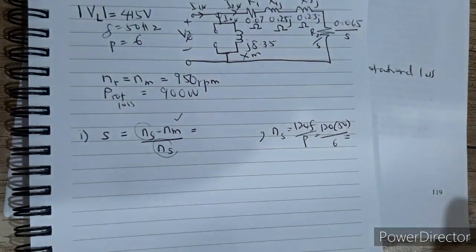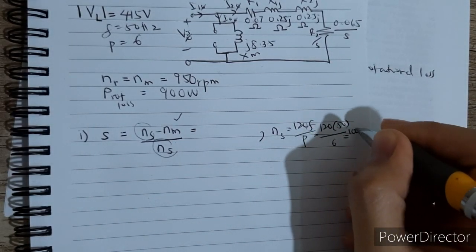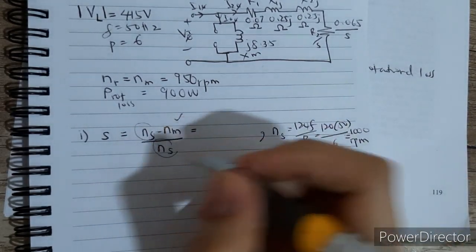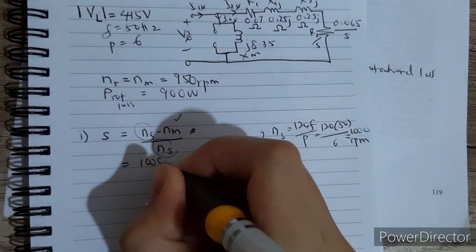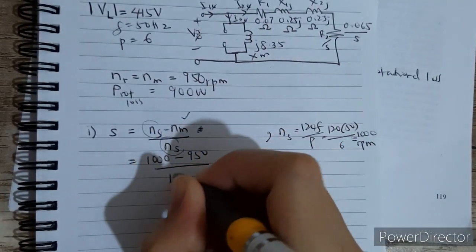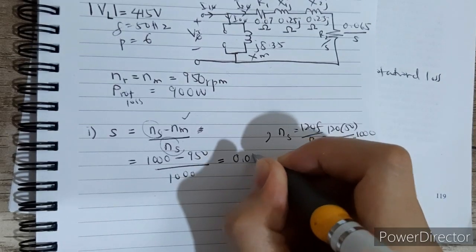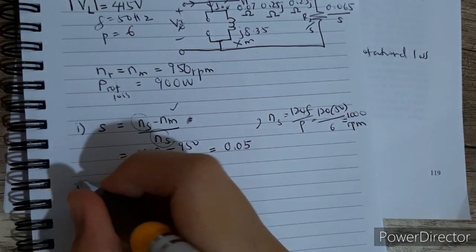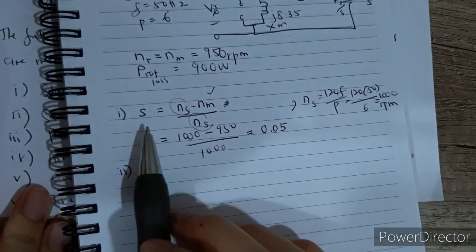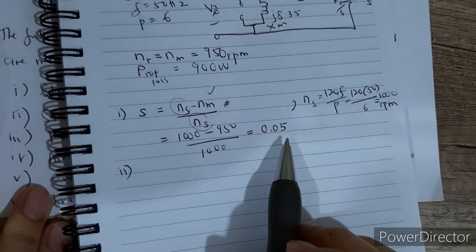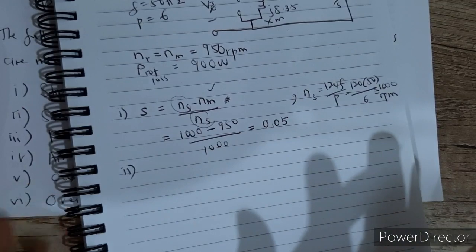That gives you 1000 RPM. So now you can find your S, that is 1000 minus 950 over 1000. It gives you a slip of 0.05. Done. Remember, slip doesn't have a unit, because RPM over RPM, you cancel out RPM, so it's a ratio actually.